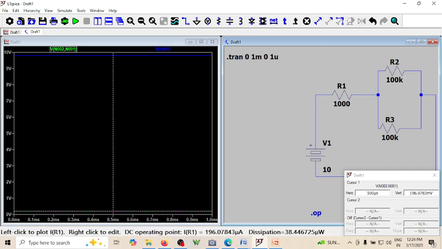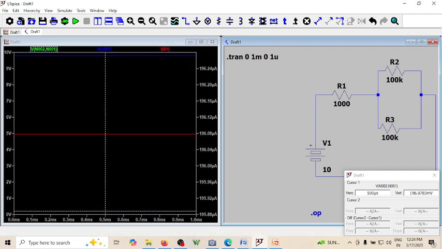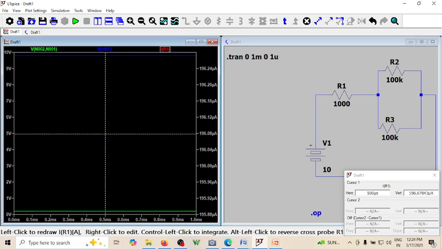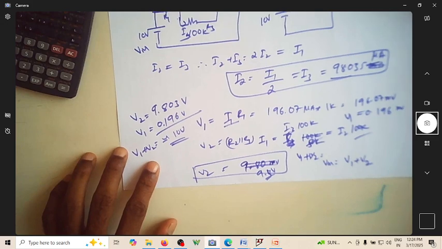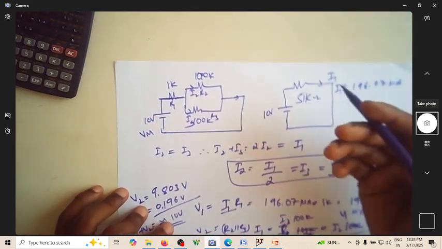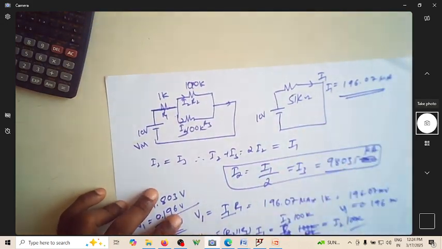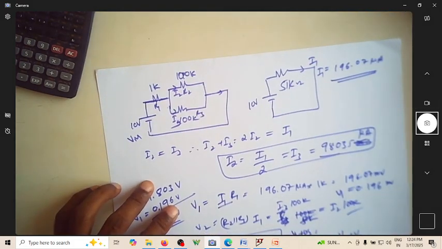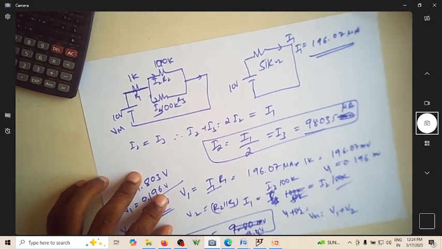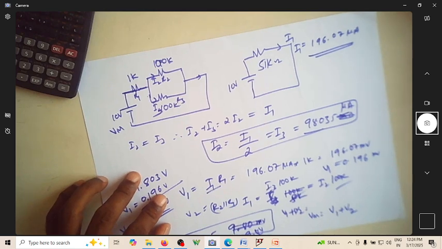Let us see the current here. So current here is how much? 196 microampere. That's the expected value. The current flowing through this is half of that, which is 98.0352 microampere.